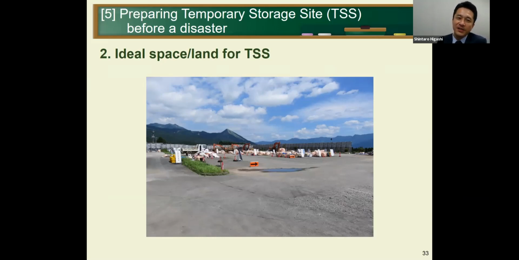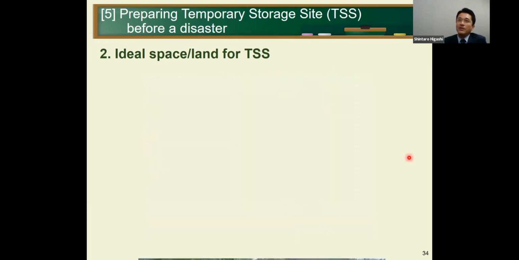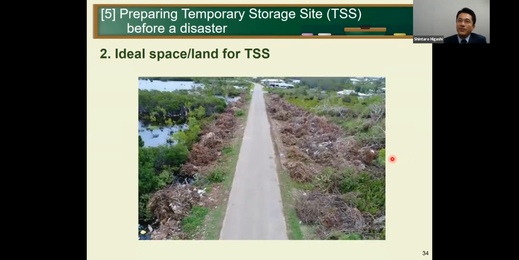Some other agency for disaster risk reduction might consider this place as an evacuation center or something. So identification and discussion with stakeholders before disaster happens is really important. I think so. This might be suitable if the landowner says yes, or if the other stakeholder does not use this place. So next one is this picture.